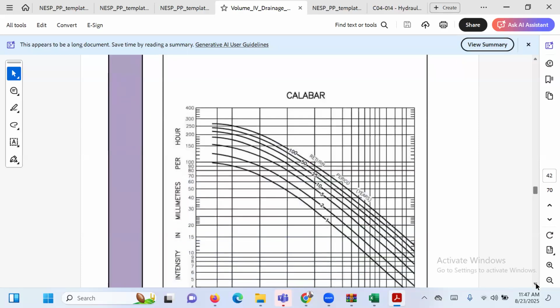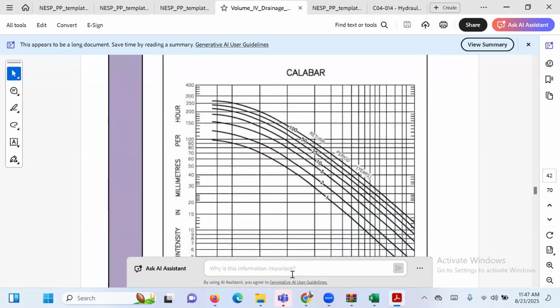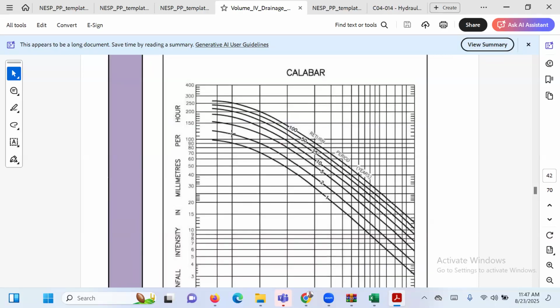If I'm designing for storm, for 2 years, Calabar is about 120 or 125. So I can use 220 millimeter per hour for my design. But if somebody says I want you to use a 10-year design period, then I'm talking about 170. So that would be quite massive. So that is how to use it.